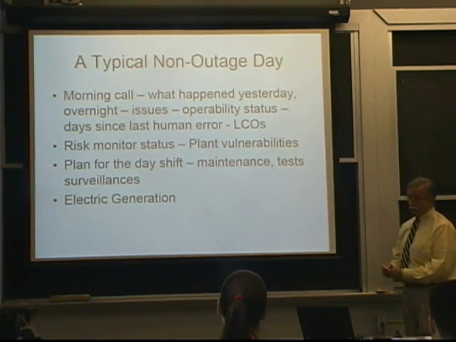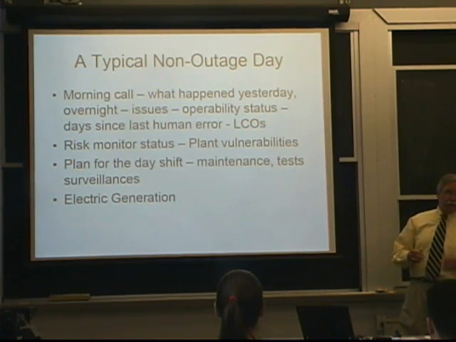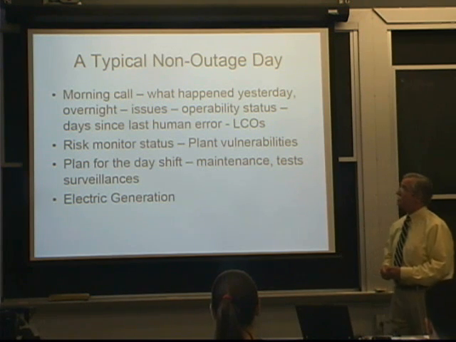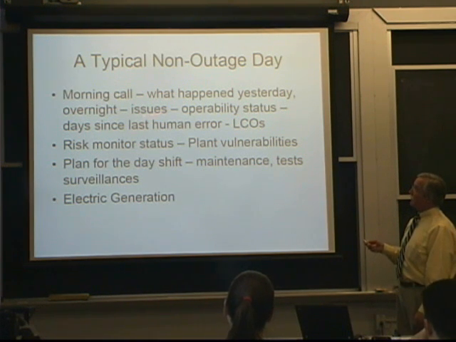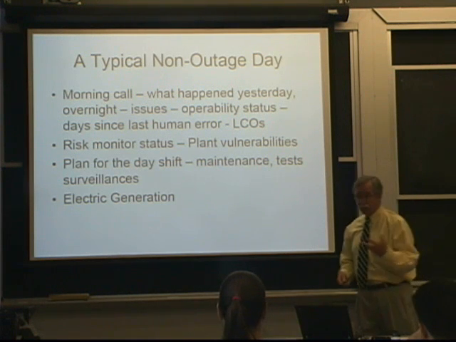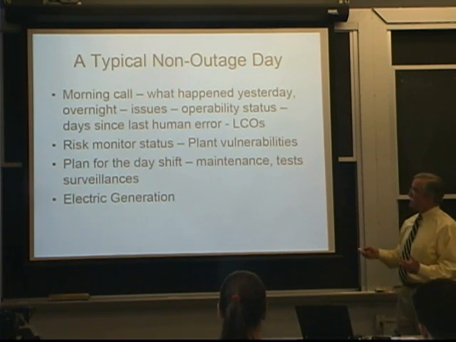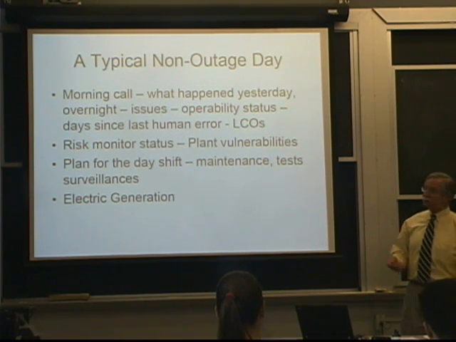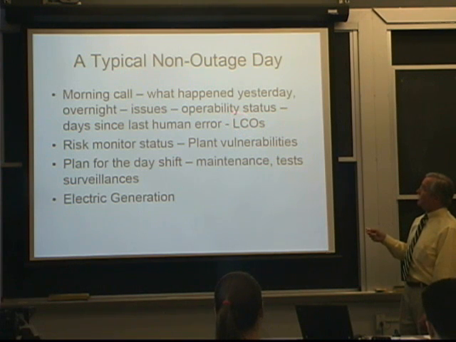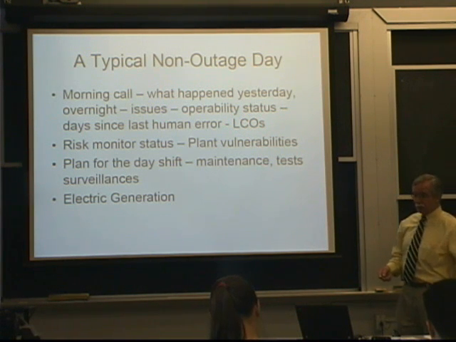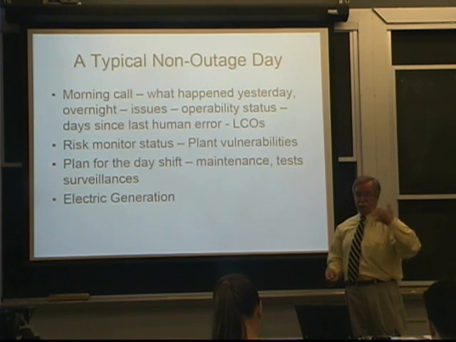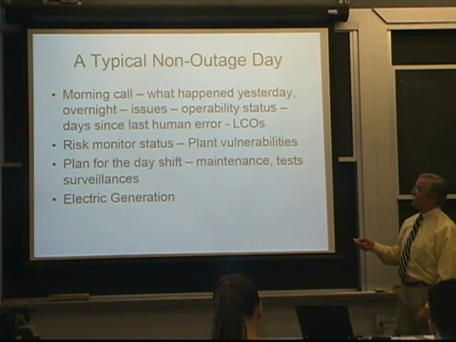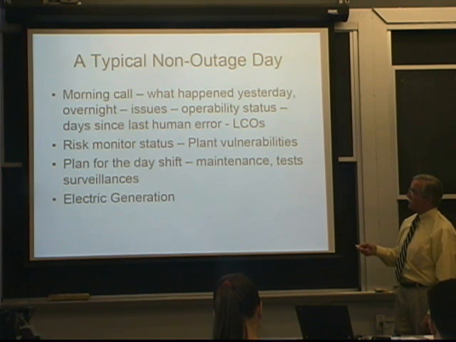A typical non-outage day. First thing in the morning, 7 o'clock, whatever, you get into the plant. What happened yesterday, overnight? What's the operability status of the reactor? And some people actually track days since the last human error, which is an interesting unit. Then we have limiting conditions for operation. The control room operators provide a briefing, they have a turnover, and then they review what has happened overnight and what's going to happen today.